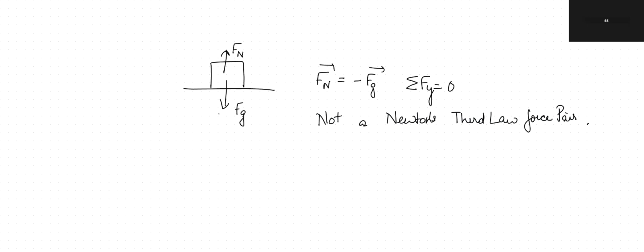The normal force is the force the table applies upward on the book. So this normal force is what the surface of the table applies upward on the book.